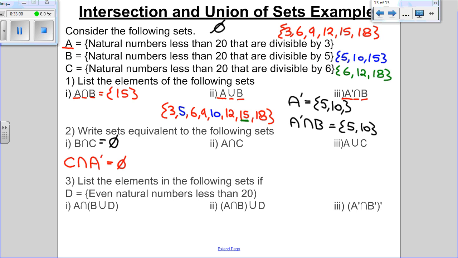This one says, what's in set A and C? So things in set A and in set C would be what? 6, 12, and 18. What's an equivalent set to 6, 12, and 18? Something you could come up with that would be the same thing.